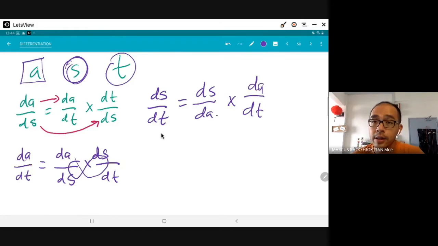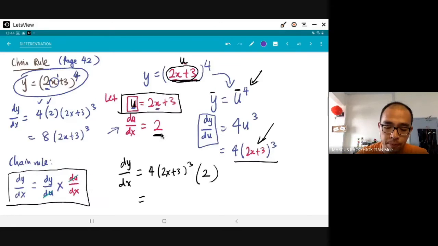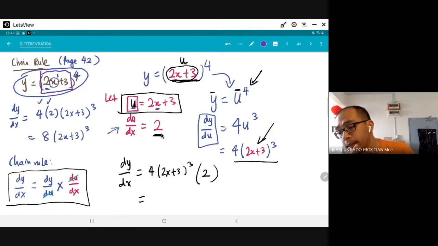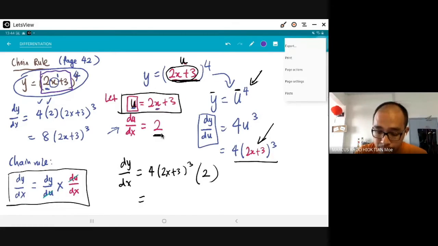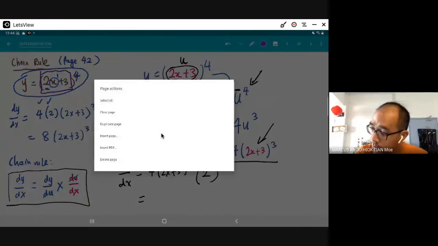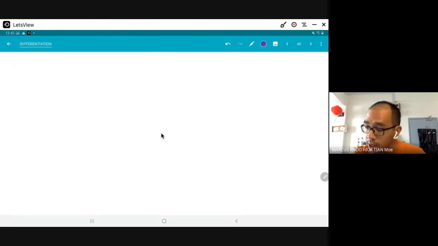So learn to be flexible with the letters, because in my previous class, I only taught you situations where the power inside the bracket is 1. Take a look at example number 7 in page 43, question A. Question A is y equals to 3x squared minus 4x to the power of 7.